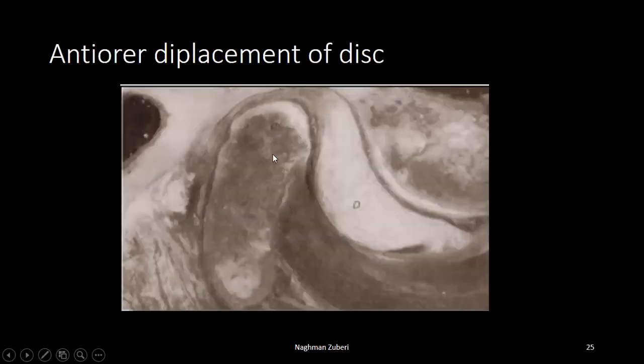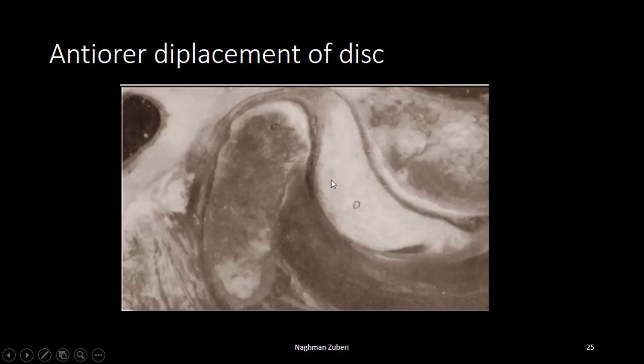MRI is the best diagnostic tool for checking the disc of the TMJ. CT scan or normal X-rays cannot give detail of the disc.